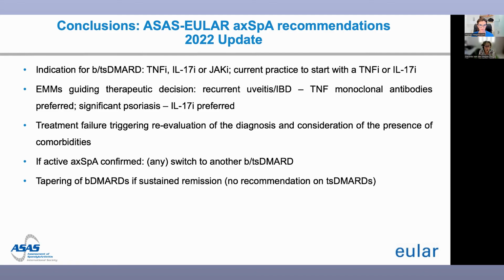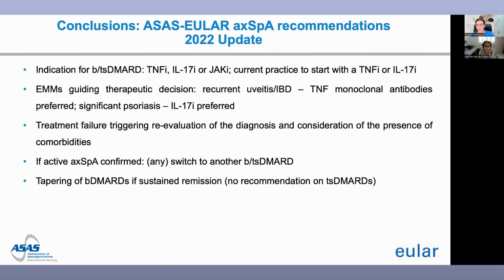There was a new evidence-based recommendation on extra musculoskeletal manifestations when you have uveitis or IBD present, and also about when there is treatment failure. This is a new recommendation that this should trigger a re-evaluation of the diagnosis, and also consider the presence of comorbidities which may influence the disease activity level.